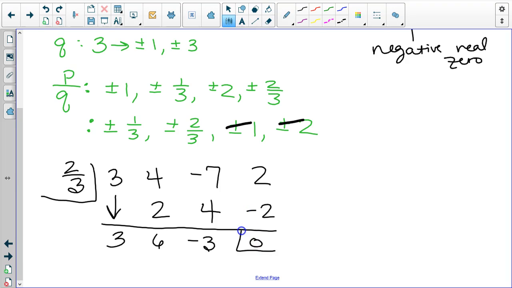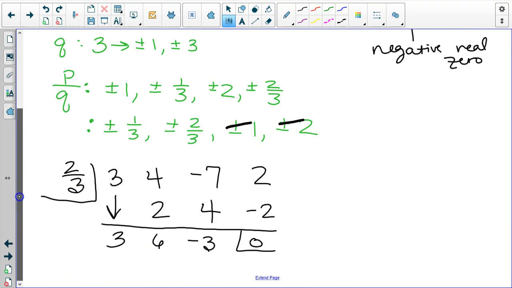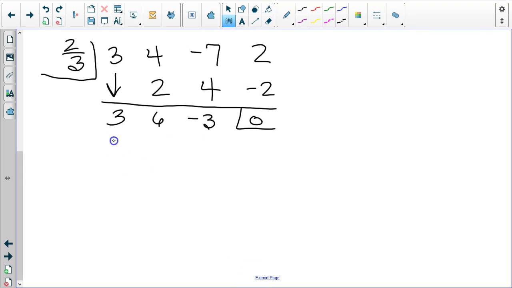We started as a cube, didn't we? Now we are a quadratic, a second degree. So this is 3x squared plus 6x minus 3. I'm going to set it equal to 0 to try to find my other roots.